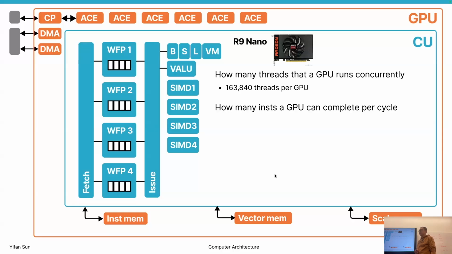So what we look at is the number of lanes in the SIMD. Assuming all the lanes are fully occupied and it's a perfect pipeline, we can say 16 lanes per SIMD, right? Then 4 SIMDs per CU, that's 64 instructions per CU per cycle. Here instruction means thread-level instruction.